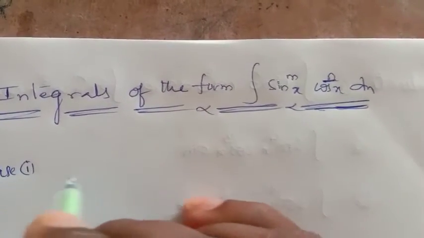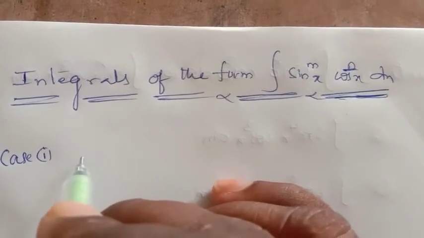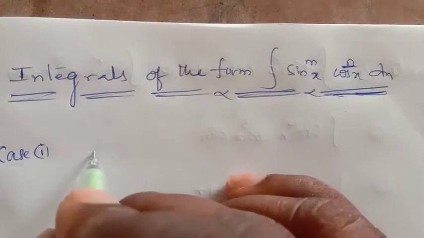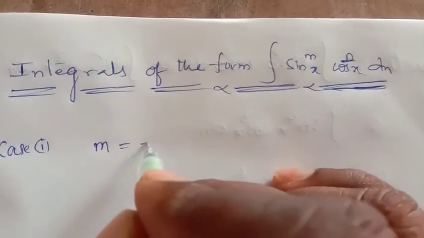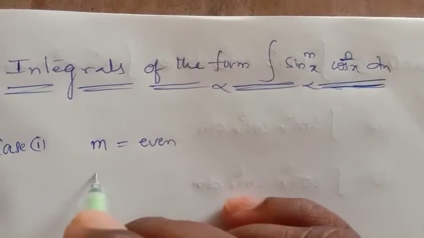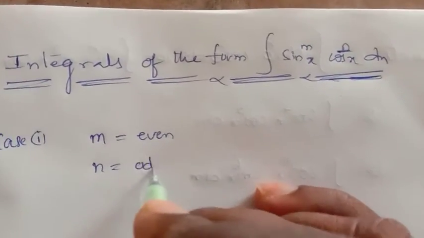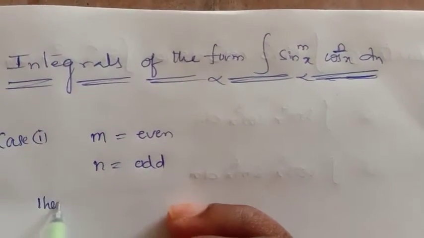Case 1. Here sin power m, m is the power of sin x, even number, and n is odd number.